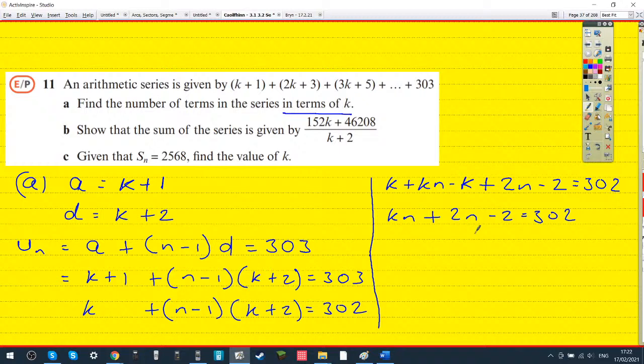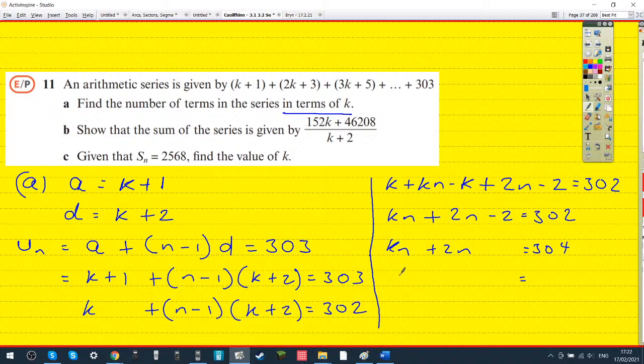So divide by n now. Add 2. Wait, what would you mean? Add 2 to both sides. Oh, kn plus 2n equals 304. Then divide by n, what do you get? No, we want to make n the subject.